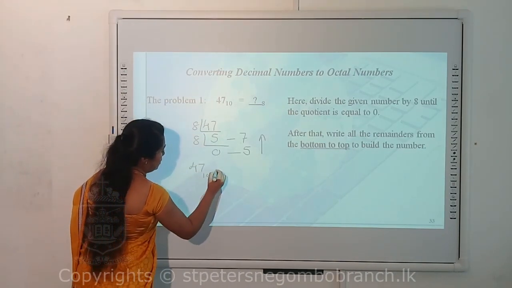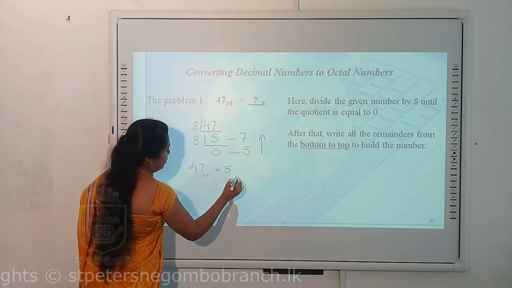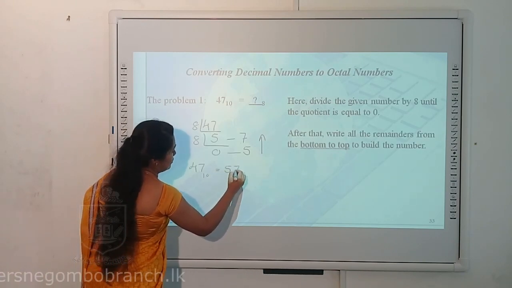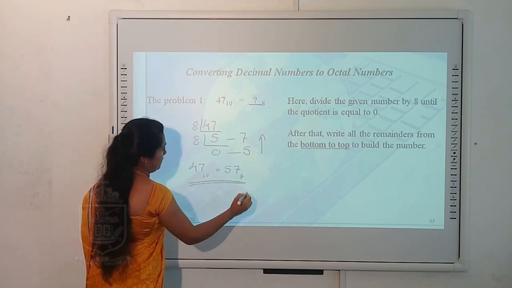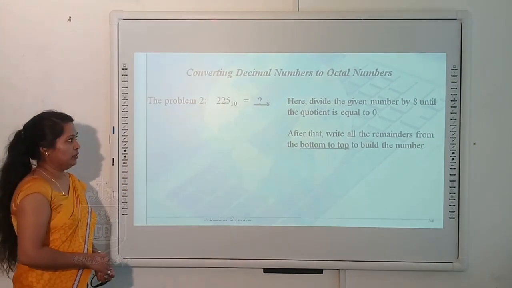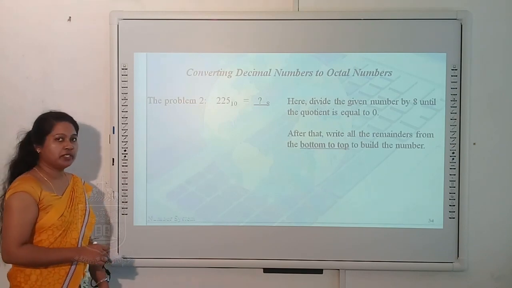47 base 10 equals 57 base 8. Next one, 225.